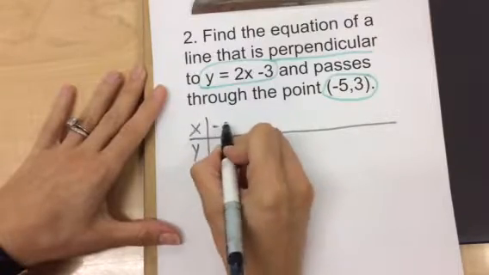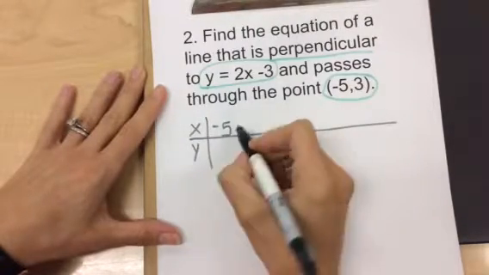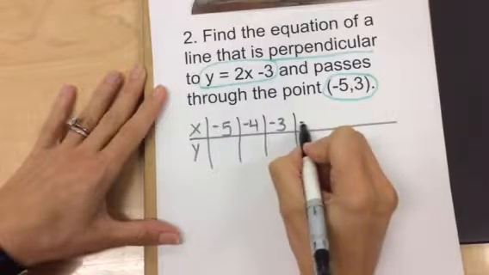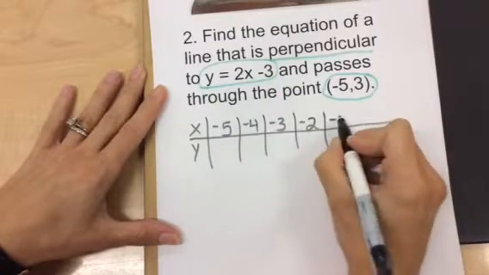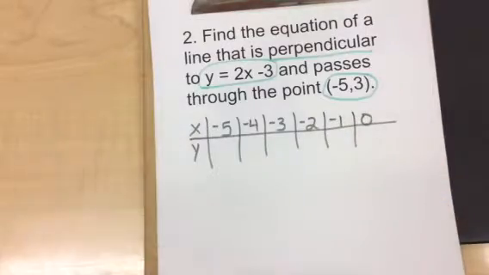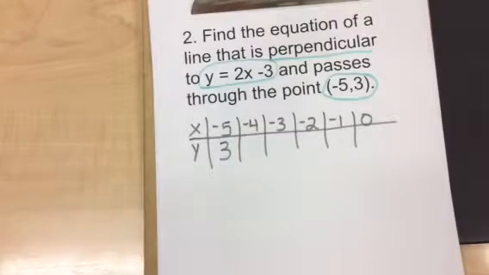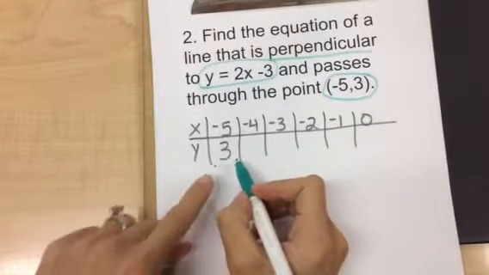I'm starting with negative 5 because that's my lowest number. Negative 4, and I'm going to go all the way to 0 because 0 represents my start number. At negative 5, I know that I have 3.